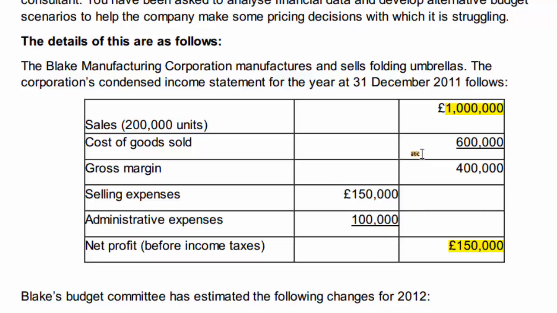Probably you will have more inputs like unit price or the sales volume in units in different cells. If you change those cells, that also results in the change of net profit. So that is the first step.